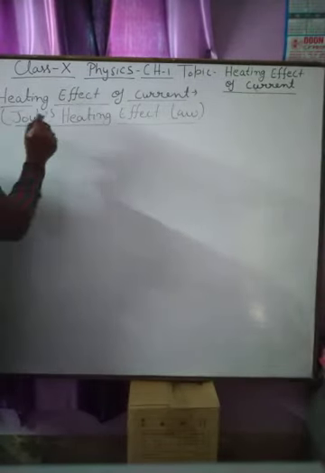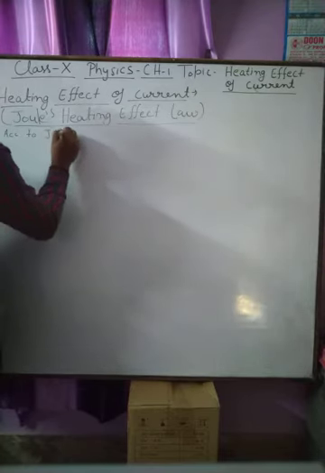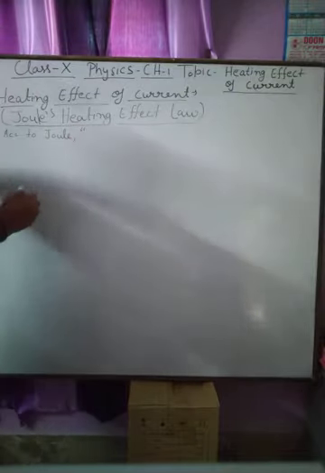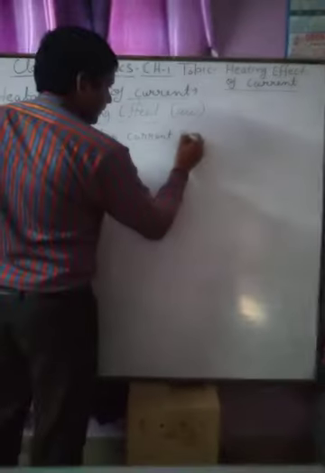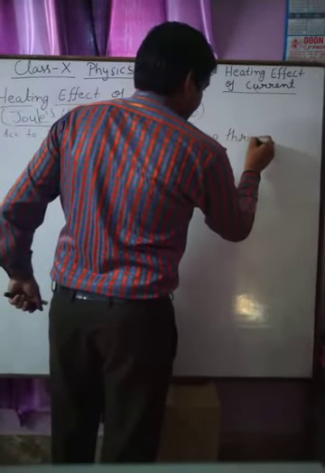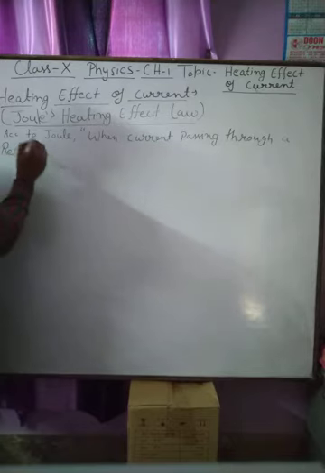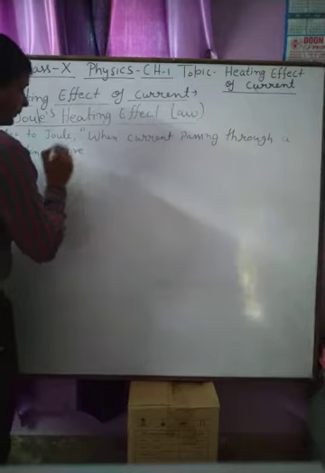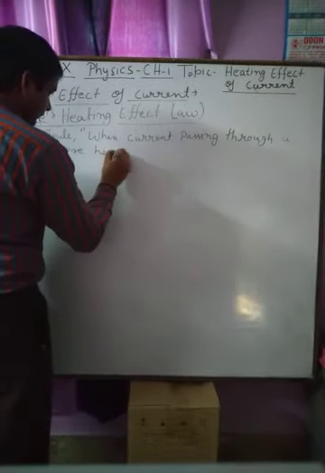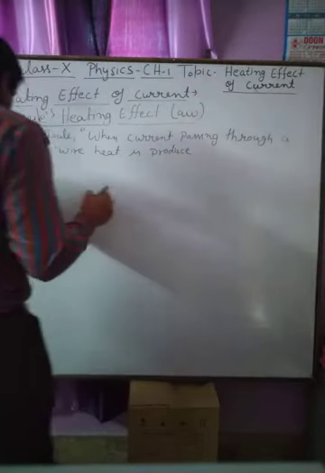That is, according to Joule, when current passes through a resistance wire, heat is produced in the wire.